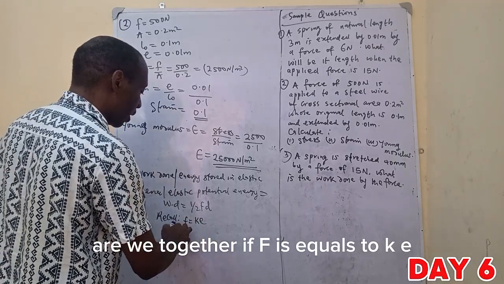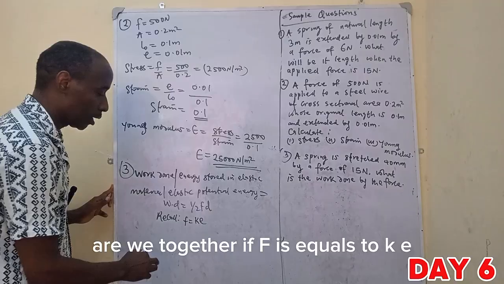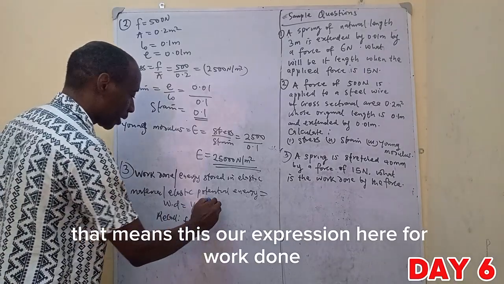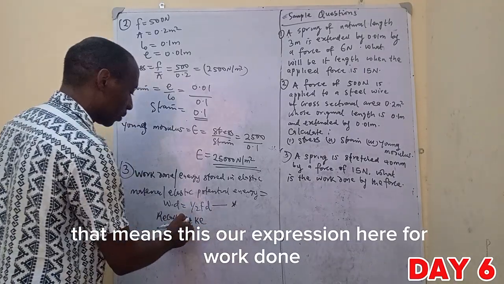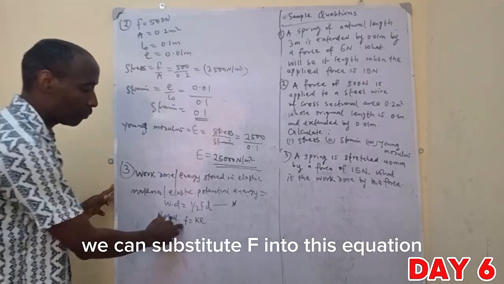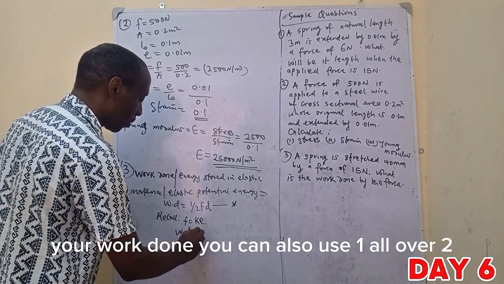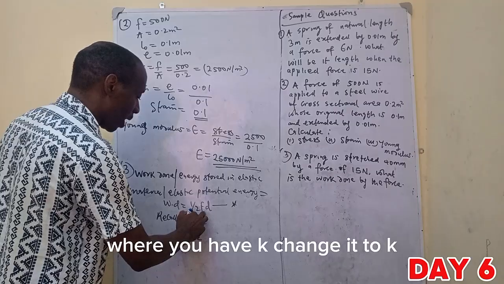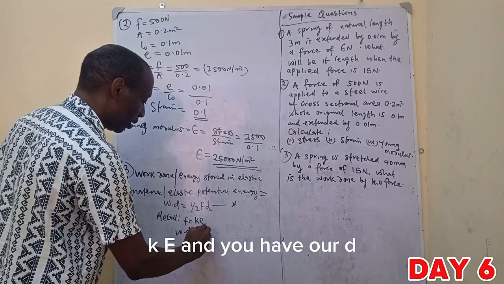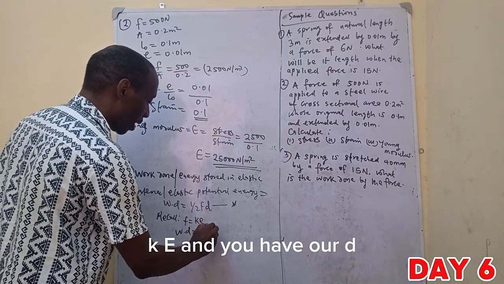If F is equal to Ke, we can substitute F into this equation. Your work done is 1 over 2, where you have F you change it to Ke, and you have our d.